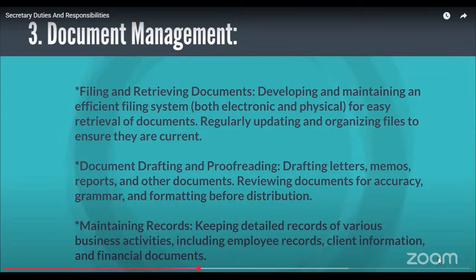In that case, the letter which you have written is the draft. Then get it proofread. Proofreading is when another person in your team reads and checks for grammar and spellings. And if it is electronic, it's very easy. You can just undergo the electronic check, as I spoke about earlier with you as well.